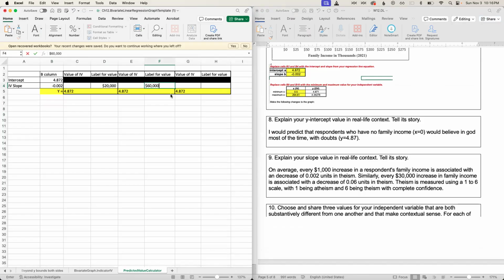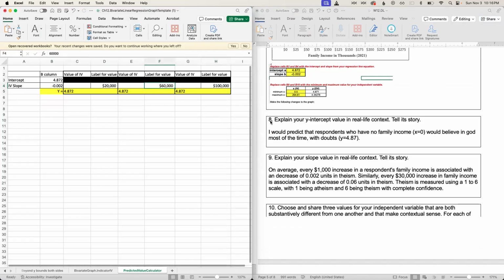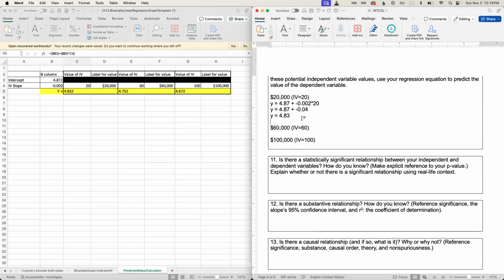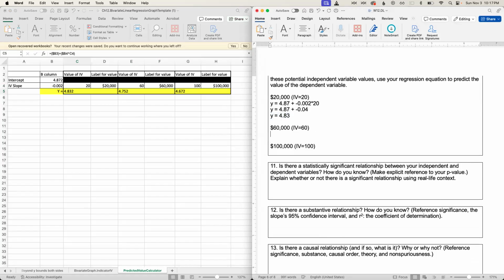You don't have to put these in to make it work. It's just a way to remember and know what you're doing here. And 100,000, right? Those were the three. And so I put in what is the value of X here? So this is 20, 60, and 100. And we can see it's giving me the answer. This looks slightly different because I added that 2. This one I didn't use the 2. But I can also just do that. So here y equals 4.752, and here y equals 4.672.